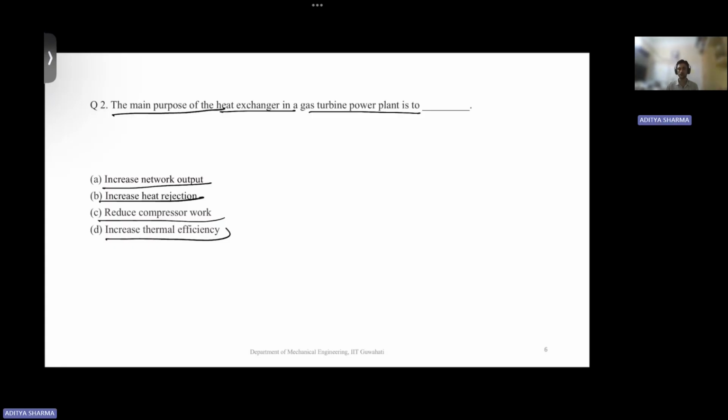So out of the four options, if you see option number D, it increases the thermal efficiency. Your heat exchanger increases the thermal efficiency.